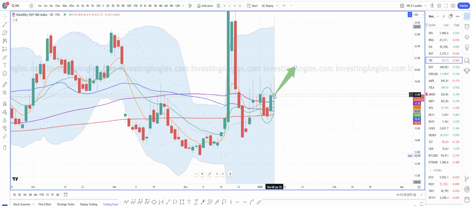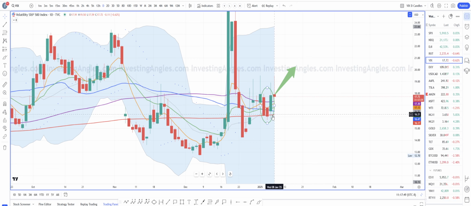We'll see. So far, it's fairly vulnerable, and can go higher or lower. If it closes as a green candle, it's most likely going to be a continuation candle, and we will see volatility going higher.